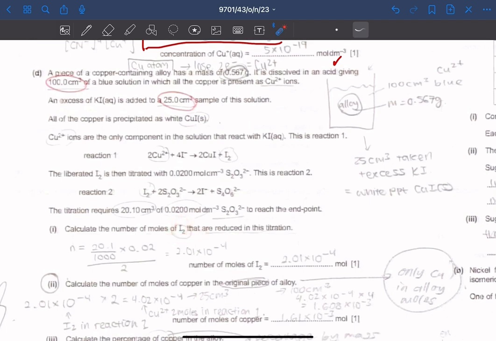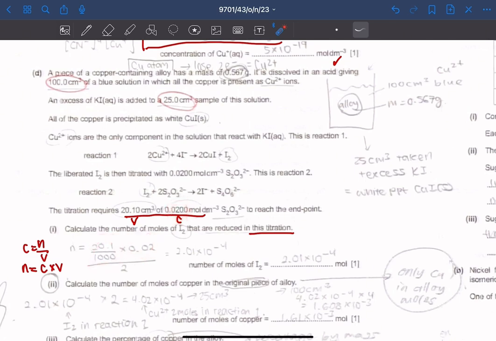So this question, for i, talks about the titration. So we know that there is this V and there's this C. We can form C equals n over V, n equals C times V. So we can do 20.1 cm³, we convert it into dm³, which is divided by 1000, times the concentration 0.02.